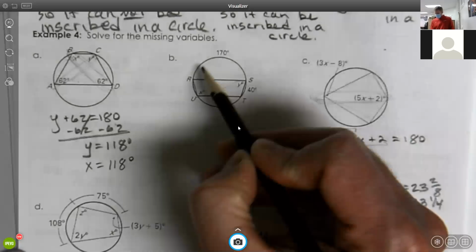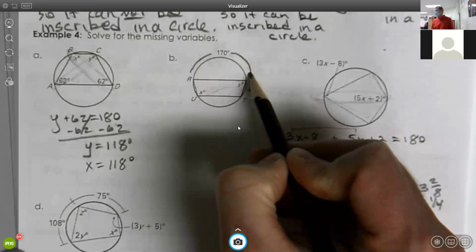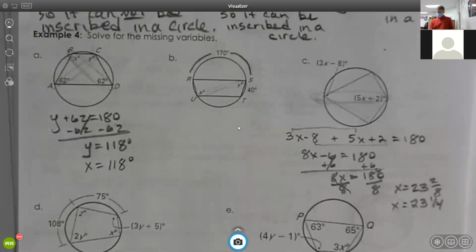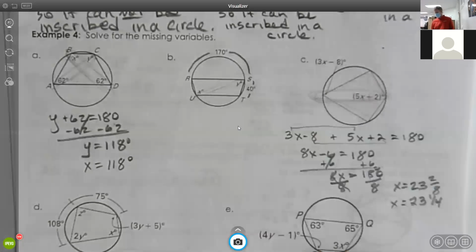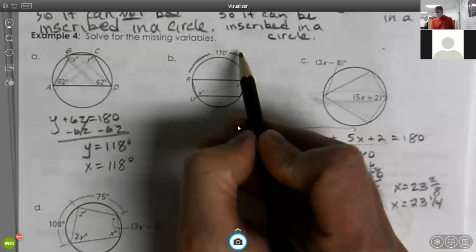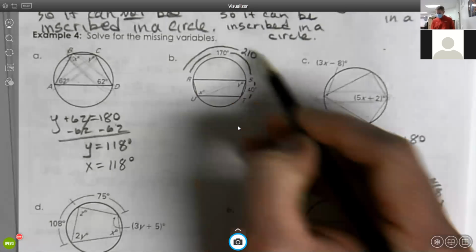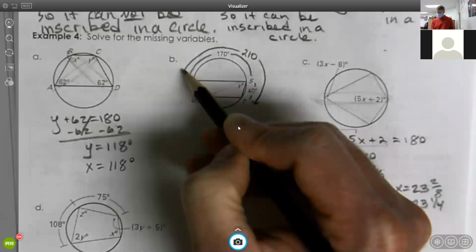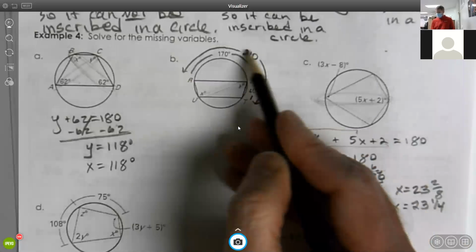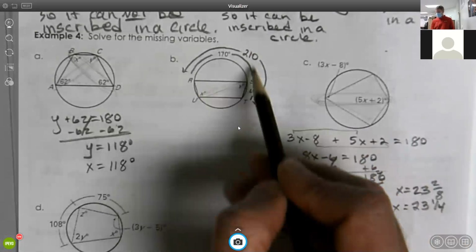If it is 170 to get to here, and 40 more to get to there, that should be 210 to get all the way to the edge, from R all the way around to T. So that would be arc RST.